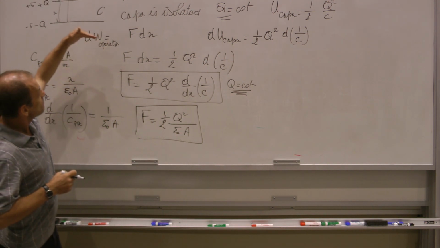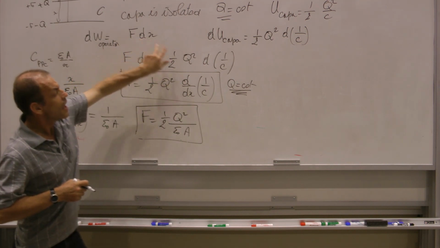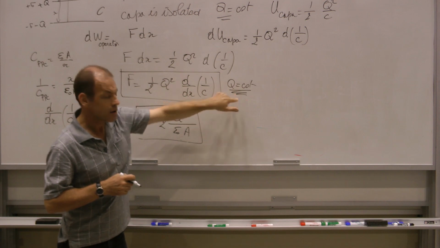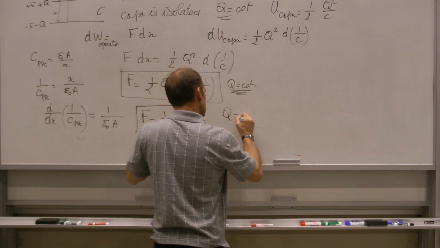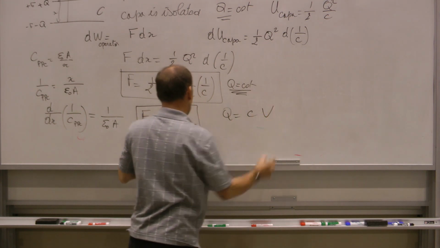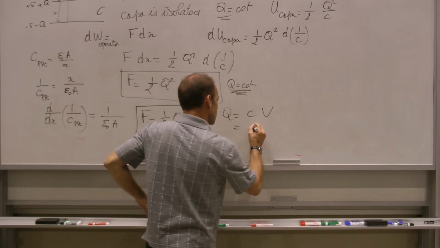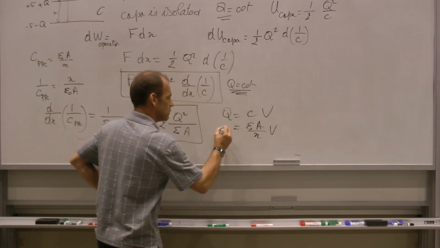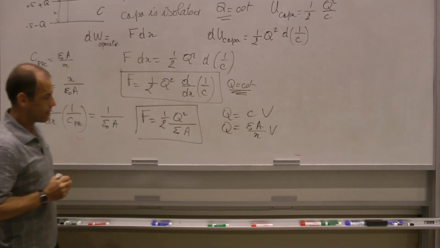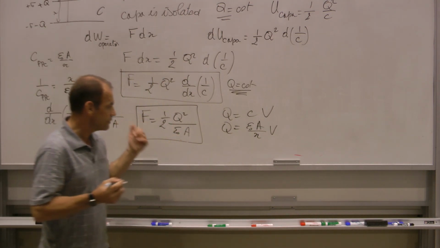Now, we were doing this calculation based on a small displacement, assuming constant Q. But Q is still equal to CV via the capacitor, and the capacitance is still equal to epsilon 0 A over x. So I can still replace my Q by this relationship. That's still valid.